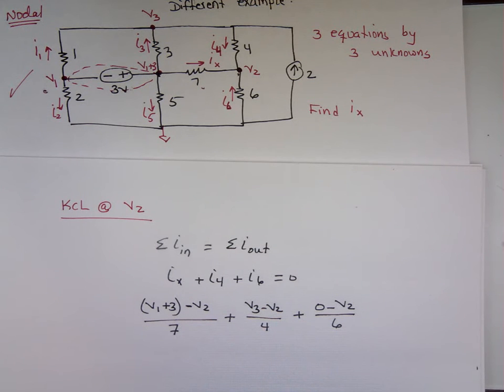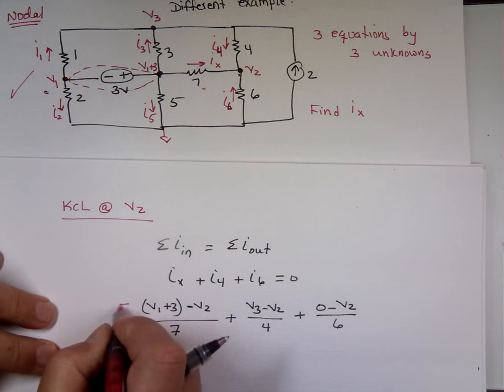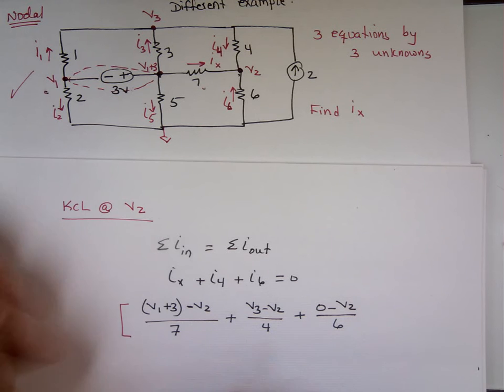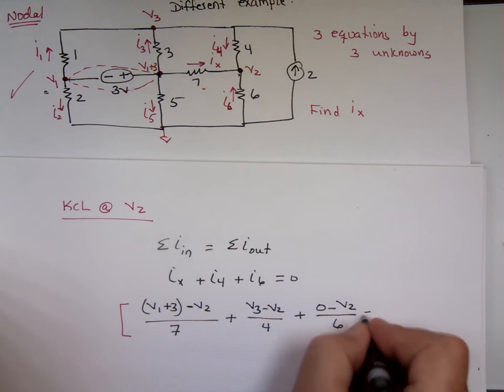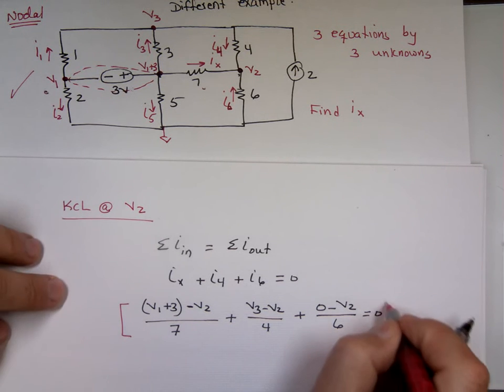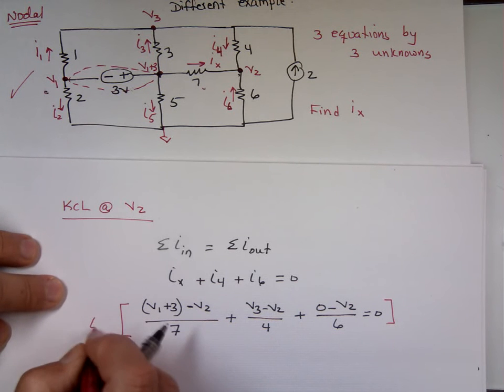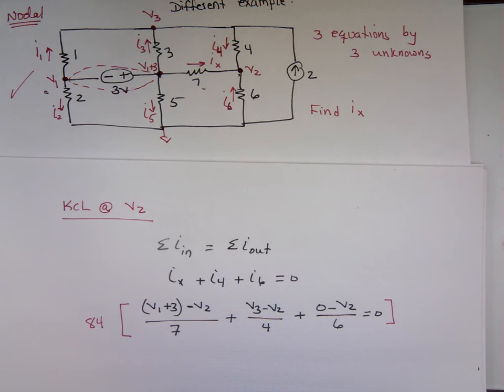I think 84 is the LCD. All of that equals 0. So let's multiply by 84. What's 84 divided by 7? 12.